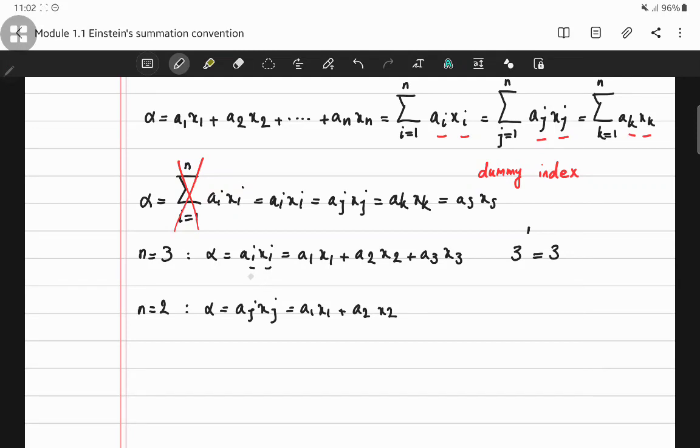Or here, you can see that n is 2, and we have j and j, so we have 2 to the power 1, because we have j as the dummy index, so this becomes 2. And these are the number of terms.